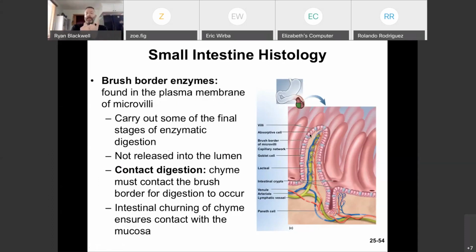Know what digestive products, enzymes, hydrochloric acid, and bile, know where they're produced, know what substances they digest, and know where in the digestive tract they are digesting the molecules.